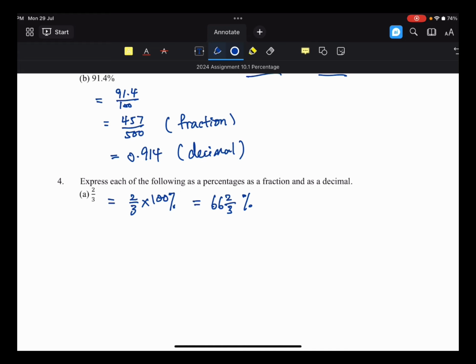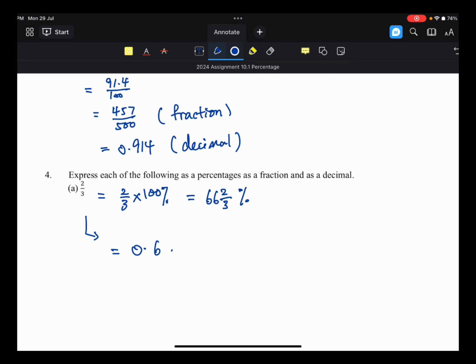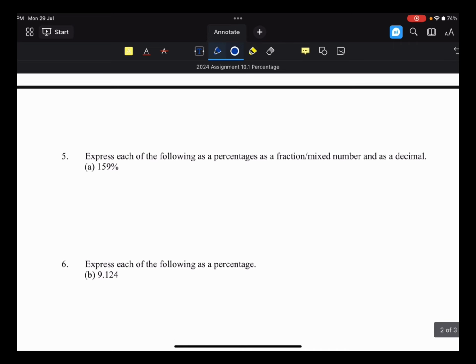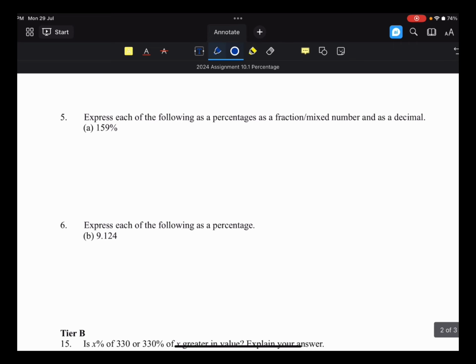And if I want to write it as a decimal, it will be 0.667 to 3 SF. So this is in decimal. This is in percentage. Okay, right? So I hope you know how to convert them. So just practice converting, see if you get them right.